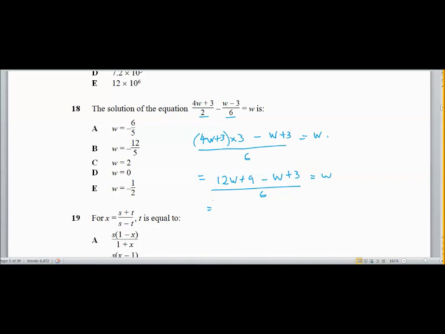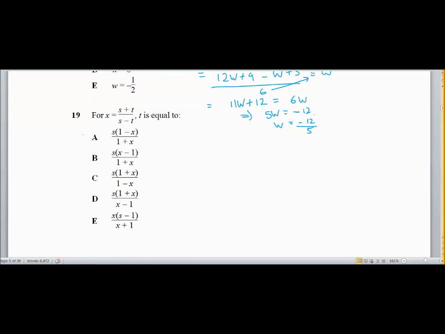So on the top we've got 11w plus 12. And we're going to get this 6 over here, so it's 6w, which therefore implies that 5w is equal to minus 12, or w is equal to minus 12 over 5. You should find these ones fairly straightforward, although a number of you had made some silly mistakes when expanding brackets, cross multiplying, and so on.